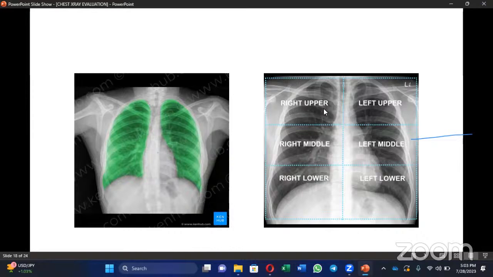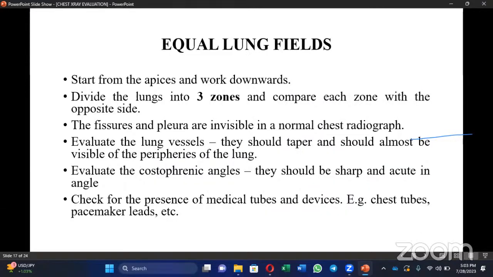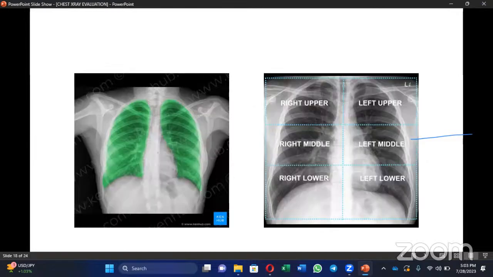So we have the right upper zone, the left upper zone, the right middle zone, the left middle zone, the right lower zone, and the left lower zone. The height of each should be 1/3 the height of the entire lung. The zones will help us to know the location of any pathology if present.